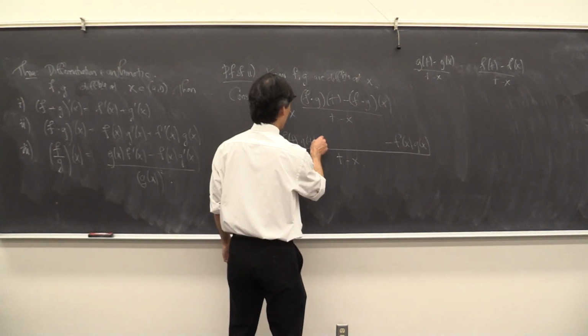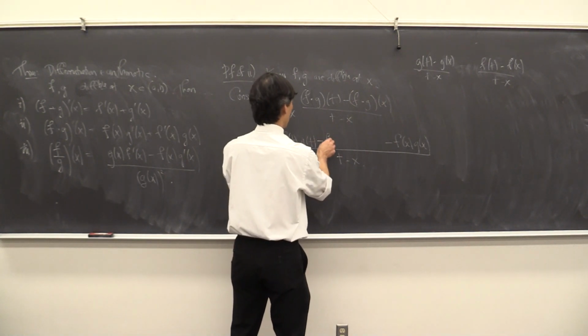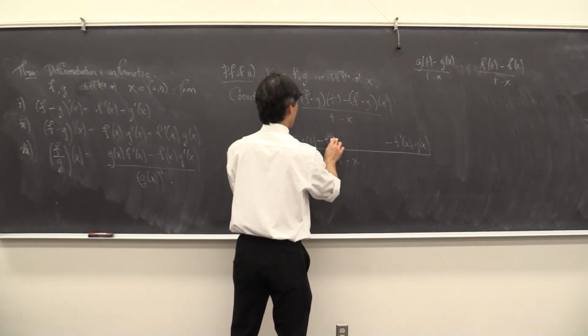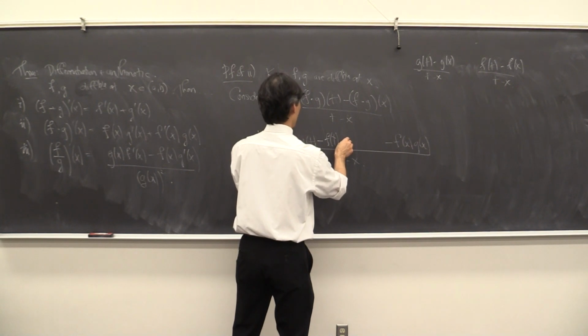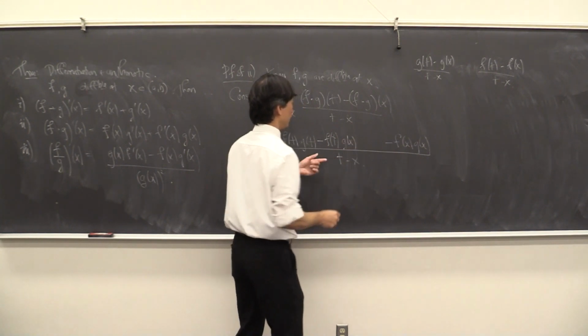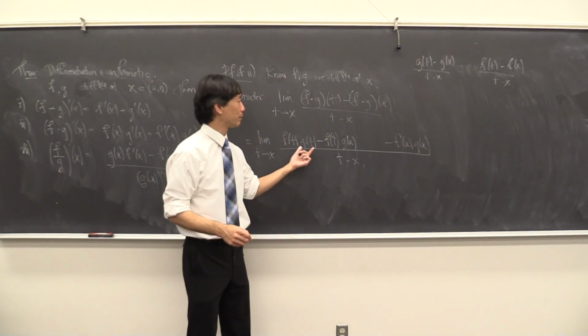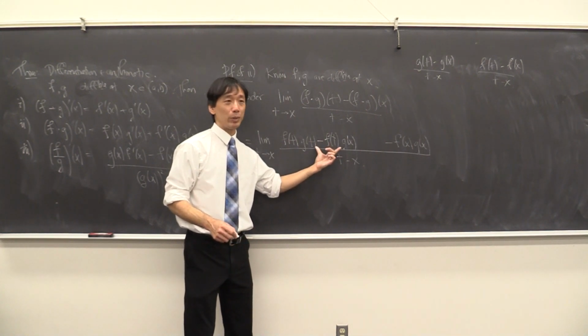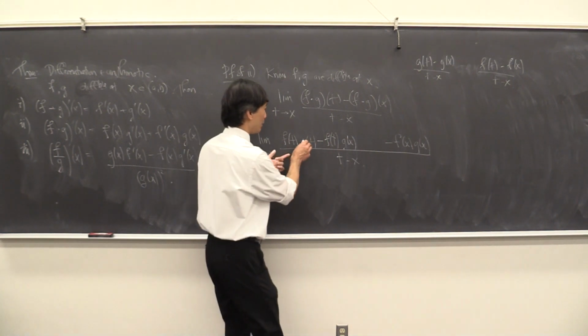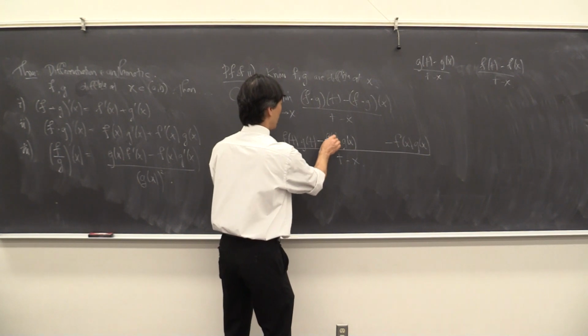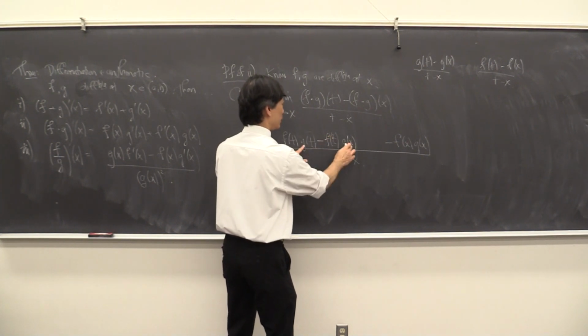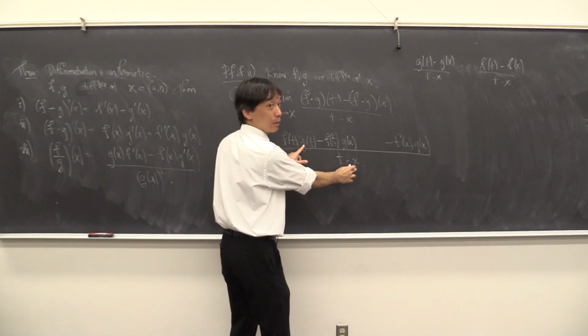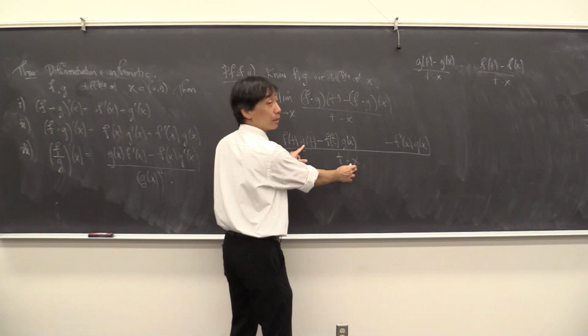So what we're going to do here, say, is we'll subtract out f of t times g of x. I hope you see why I'm doing that, because I'm kind of working in this g of t minus g of x over t minus x, which is something I know about.